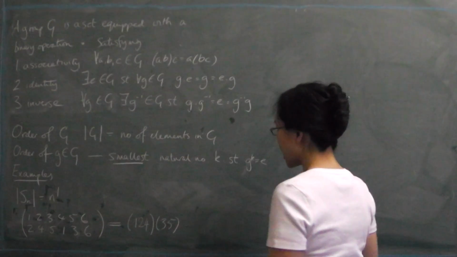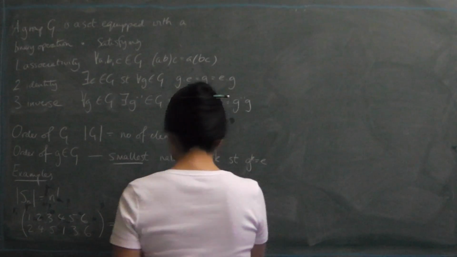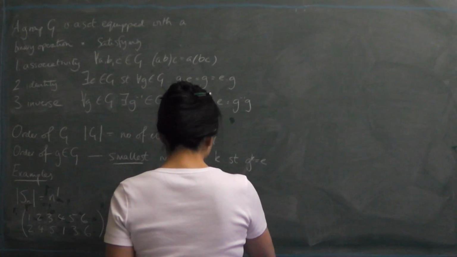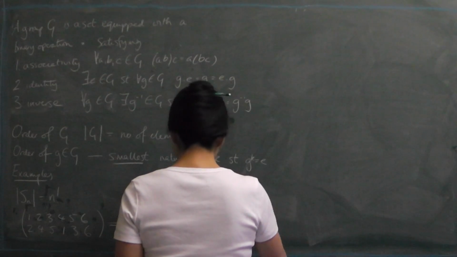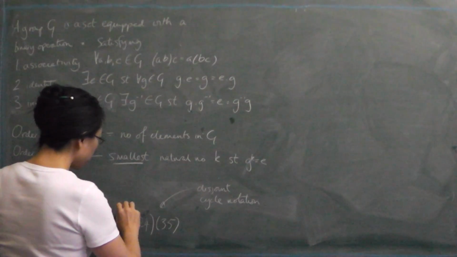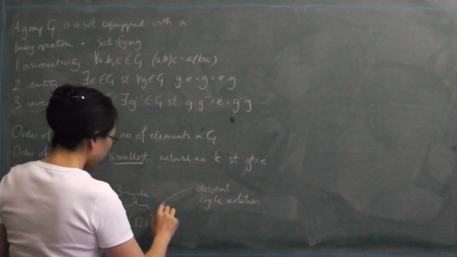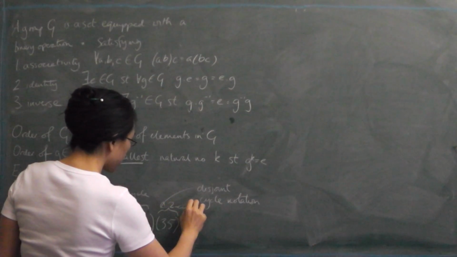So this is that element in disjoint cycle notation. And note that what we've got here is a 3 cycle followed by a 2 cycle.